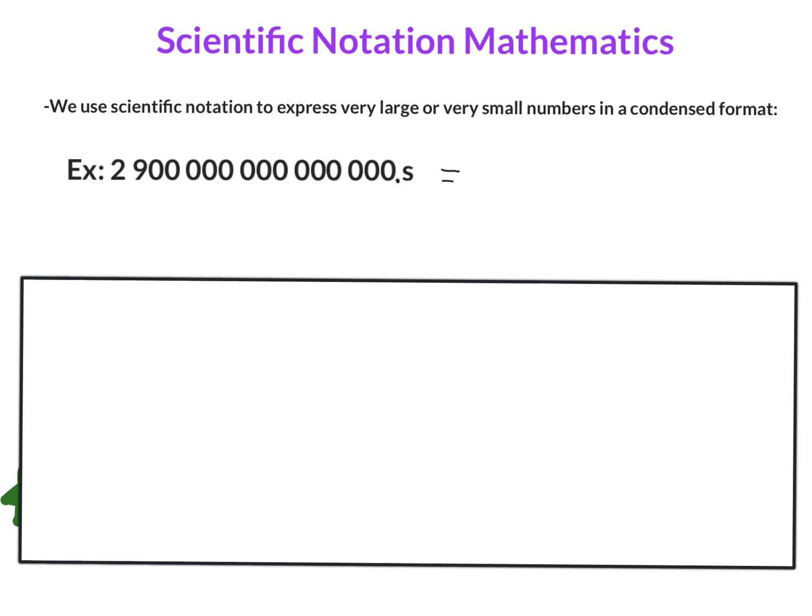Well, that's going to be a pretty big number, right? Or maybe you're a chemist like myself and you're measuring the mass of an atom. Well, that's going to be a really small number, isn't it? Well, these are numbers that are going to have a lot of zeros if we try to write them out in, say, grams or milligrams.